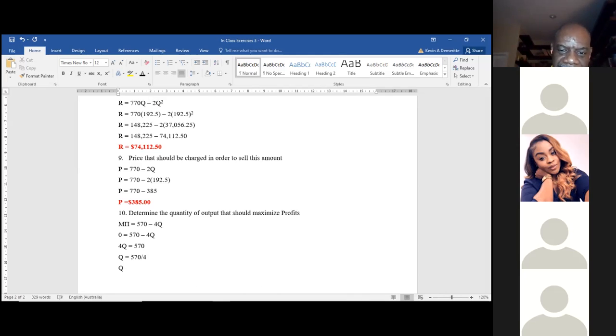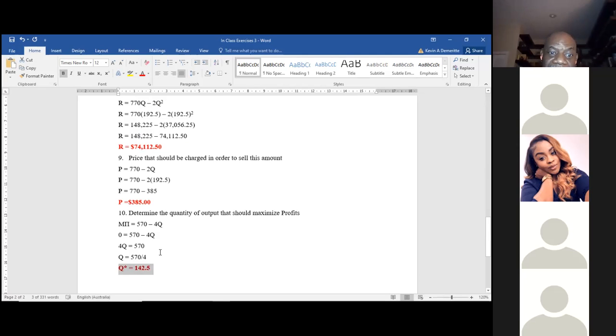Q star is equal to 142.5. All right. Any dissenting voices? Everybody happy with that?